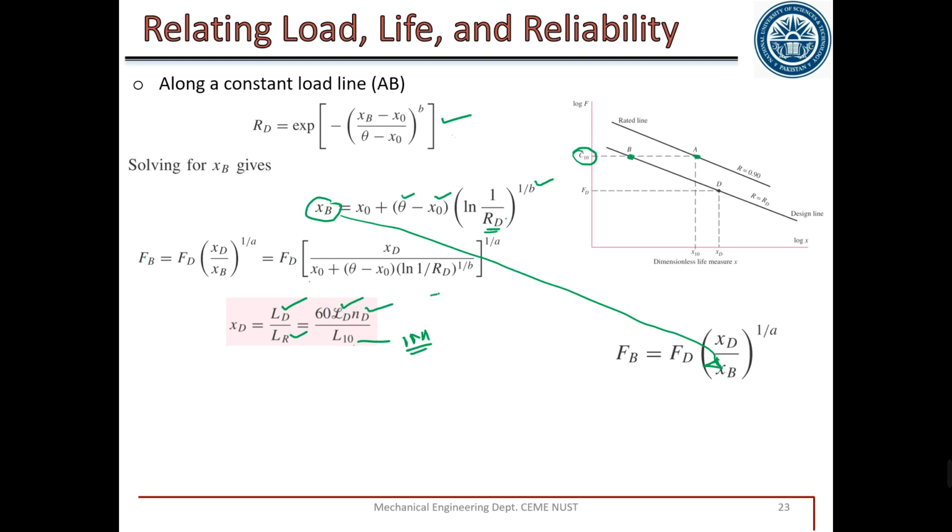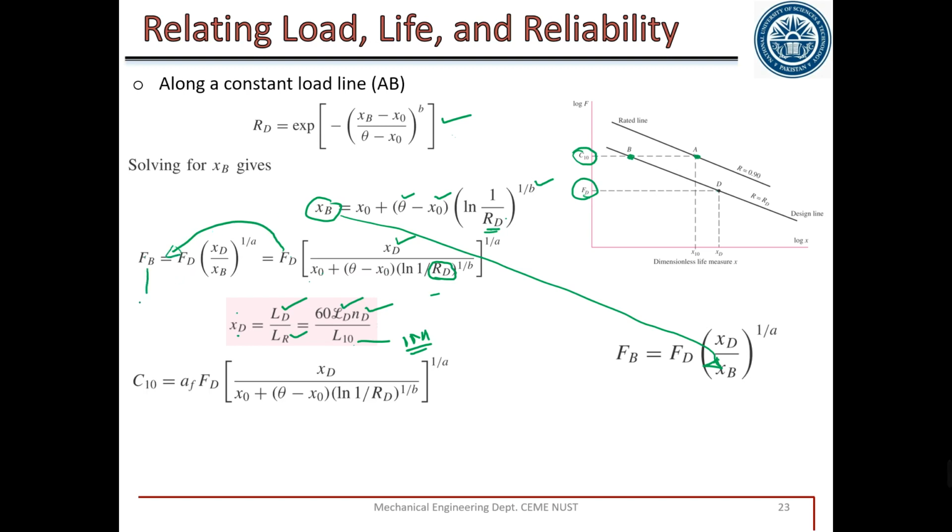From there, we can calculate the value of xD. So we can substitute the value of xD here. The values of x0 and theta are given by the manufacturer, and Rd is our desired reliability. FD is also our desirable load, the load for which we need to design this bearing. So all the values are given. From these values we can calculate FB.